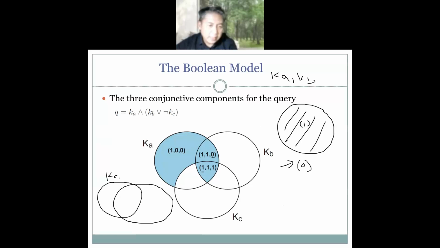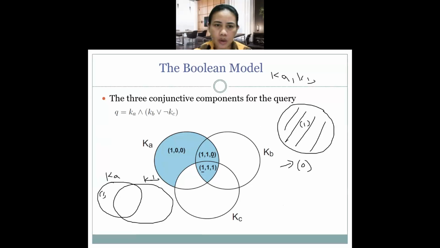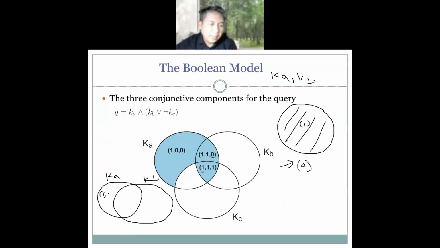This is KA, this is KB. So this is when you are in KA but not in KB.